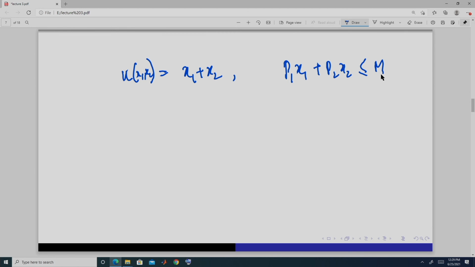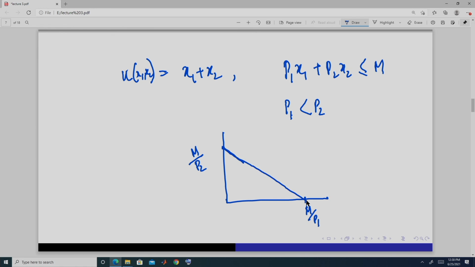Now we again assume that P1 is less than P2. Here this is going to be m by P1 and this is going to be m by P2, and it will be like this. So this height is going to be less than this base.